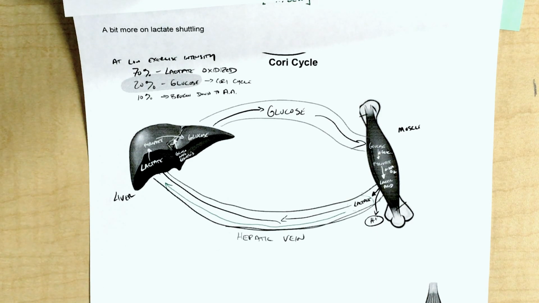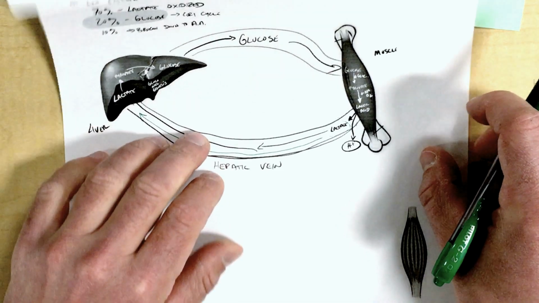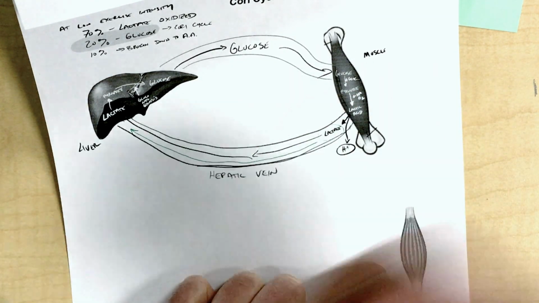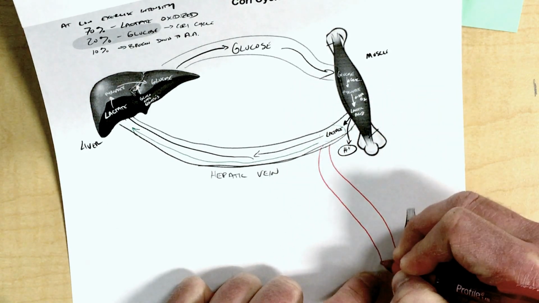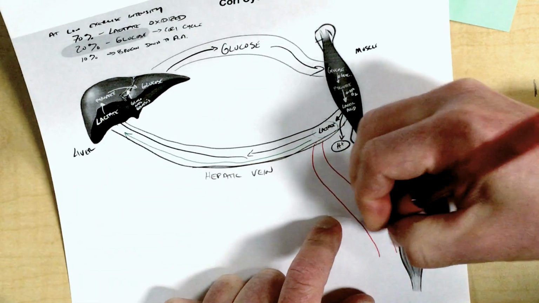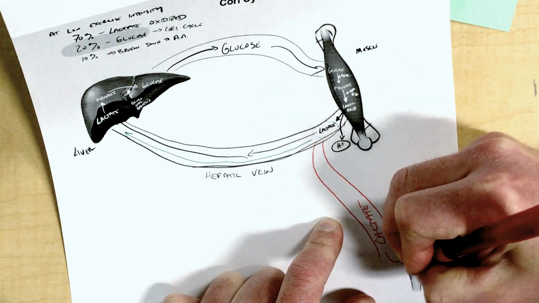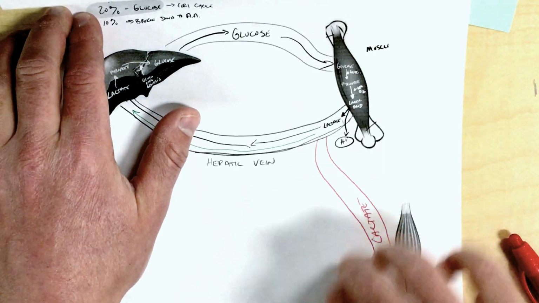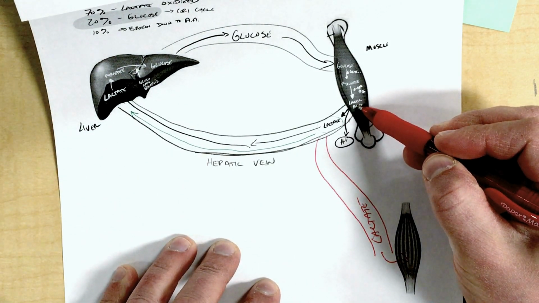But that's not the only place that you shuttle your lactate. You're also going to shuttle it to other muscles. Okay? So I'm riding my bike up a hill, creating a lot of lactic acid in my quadriceps.